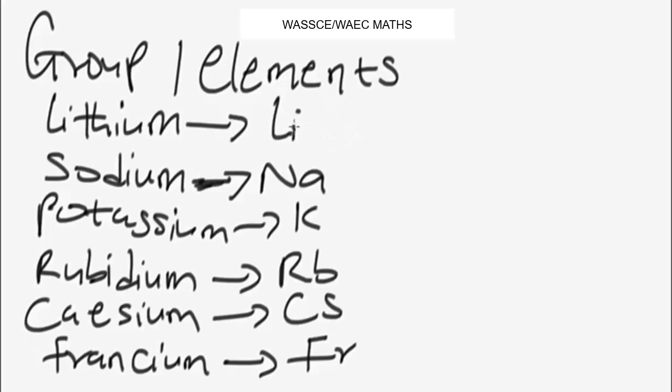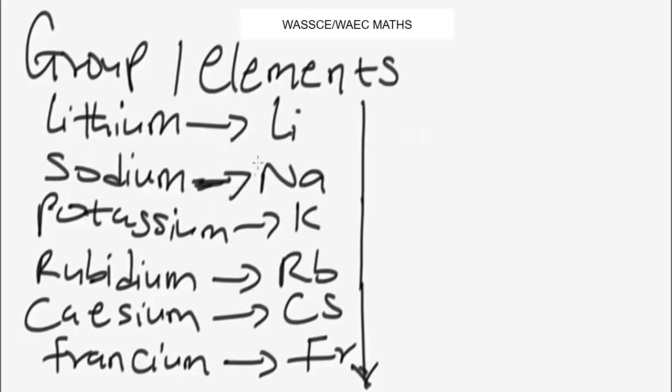As we all know, their reactivity increases down the group. So the reactivity of group 1 elements increases as you go down the group. For your MCQ chemistry question, you might be asked what the most reactive metal is.